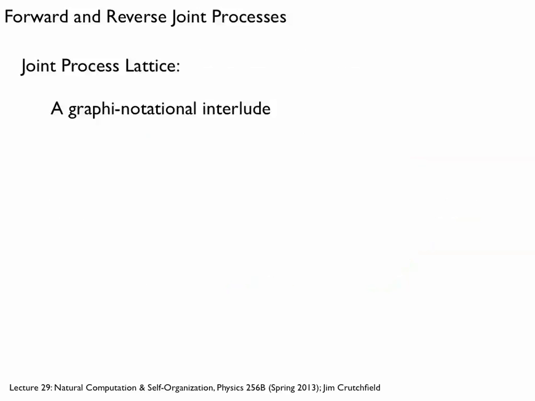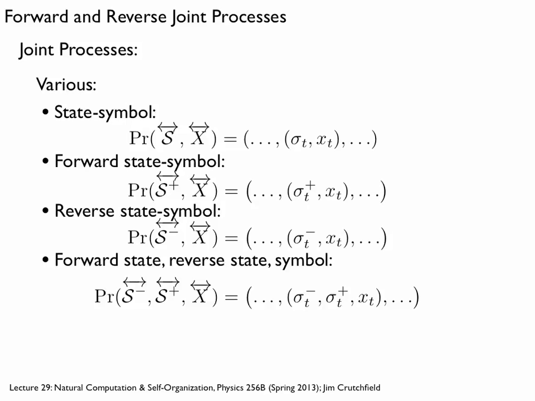So all of these quantities are really just questions about a joint process. And there are a number of different kinds of joint processes we could consider. One is, now that I have a presentation of a process, it has states, and there's some internal state process that the model implies. So we could talk about the state, observed sequence, state-symbol joint process, where the realizations are just pairs of state, next symbol.